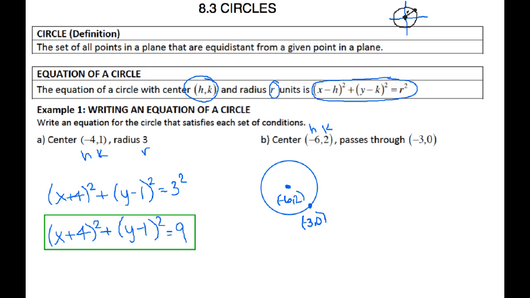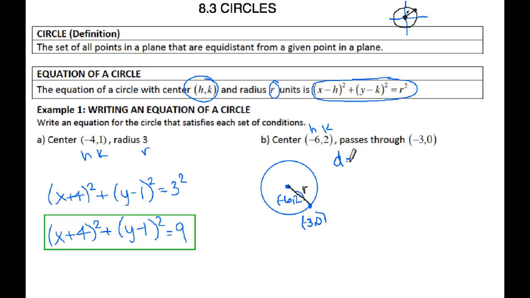So what we're missing is the radius. So we're missing this over here. Well, how can I find the distance between these 2 points? Well, you can use the distance formula, and that's going to give you the radius.